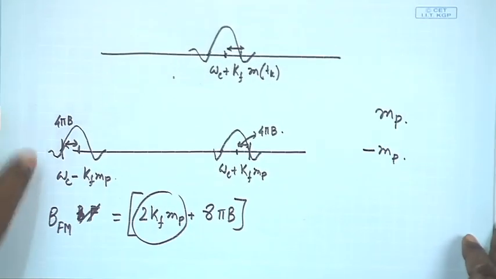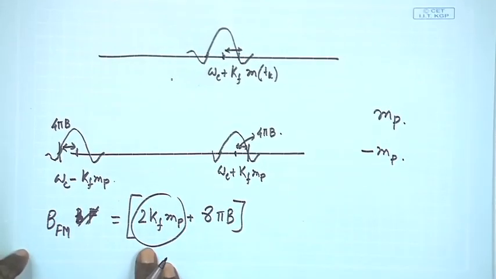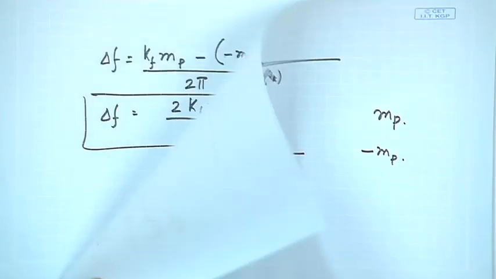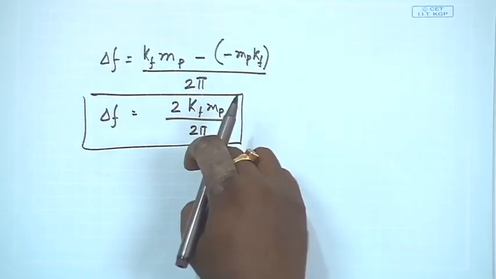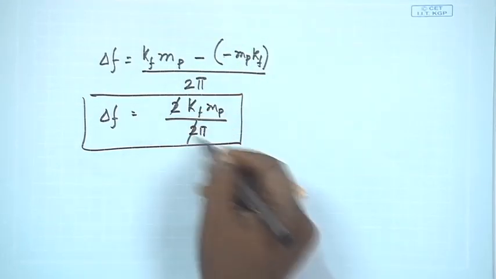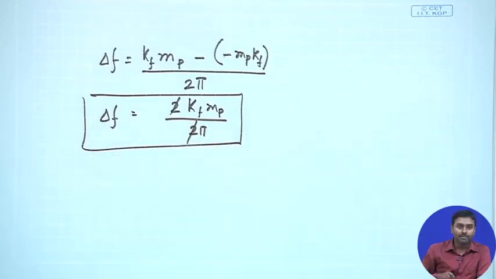The FM bandwidth now I can represent with respect to this del f. So, kf into mp, that is actually pi into del f.